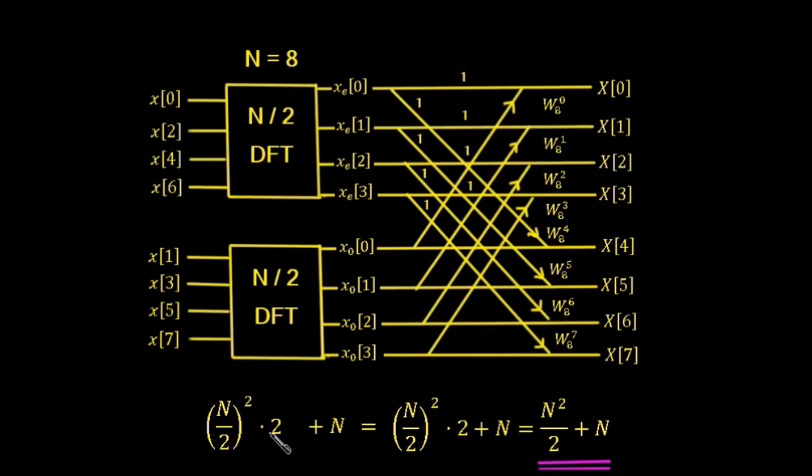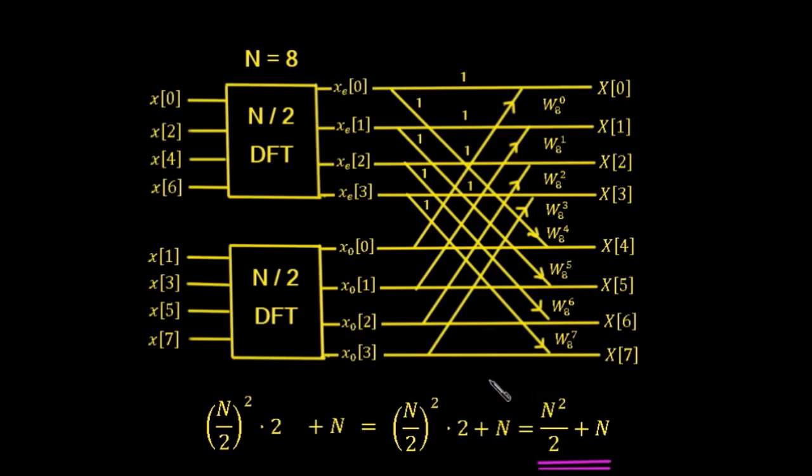So our final value then for our number of multiplications is going to be n upon 2 all squared times 2 plus the n, which simplifies to n squared upon 2 plus n. So our number of multiplications is now decreased from n squared to n squared upon 2 plus n.